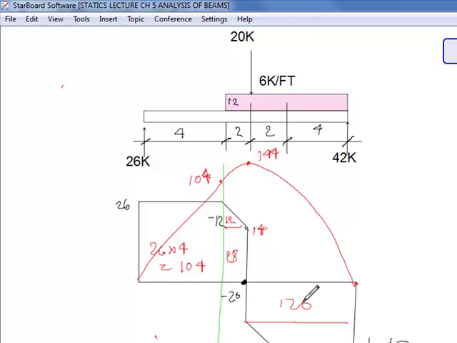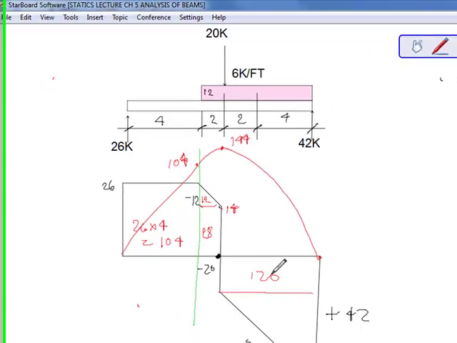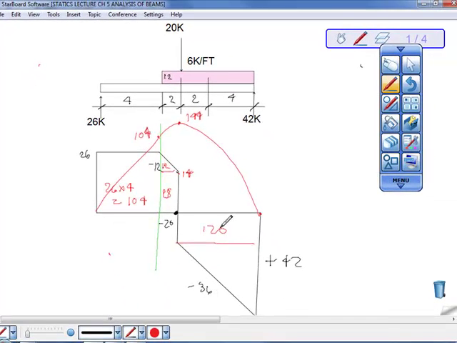And that's 36 and 20. The area of that triangle would be 756? Really? Oh wait, no. It would be 42 times 6 divided by 2. That would be 126.